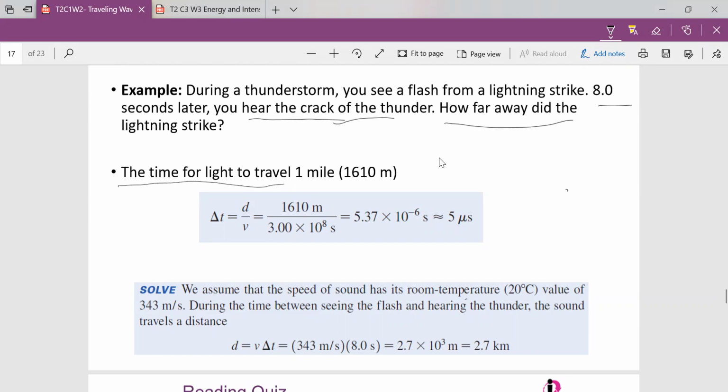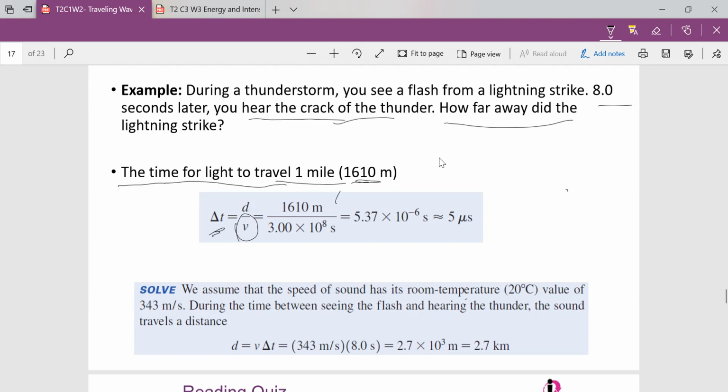The time for light to travel 1 mile is given; in meters, the distance of 1 mile is 1610 meters. Since you know the distance and the speed, we use the speed of light, which is a constant.